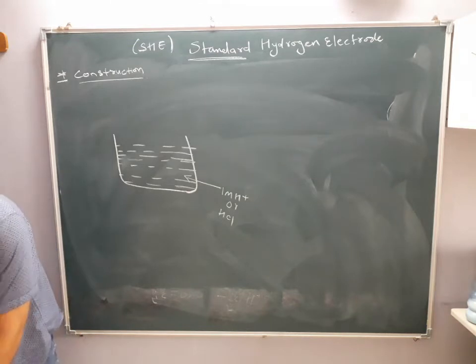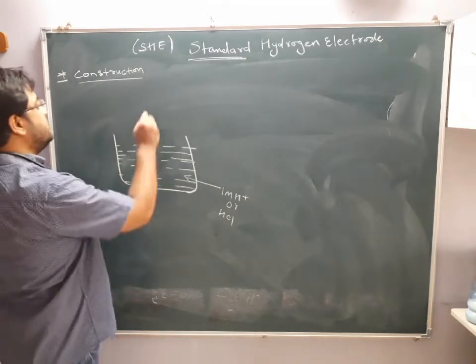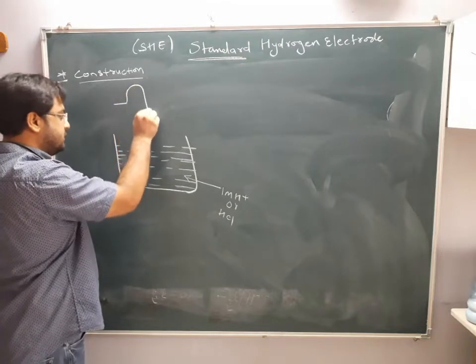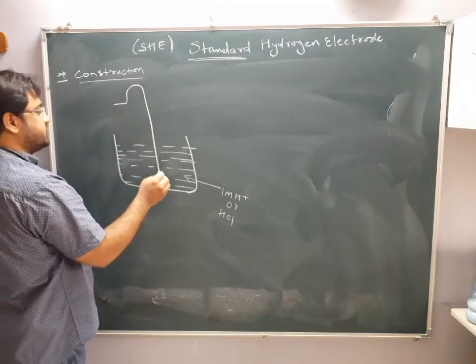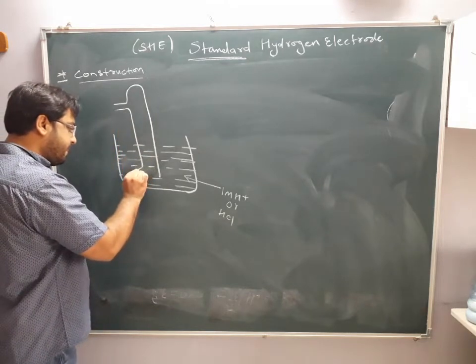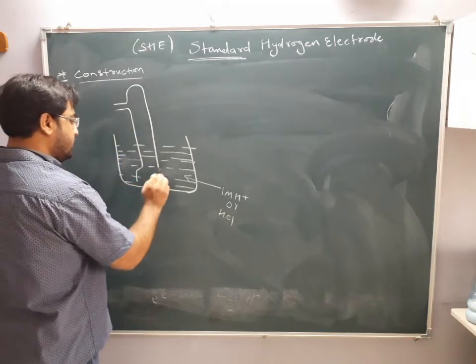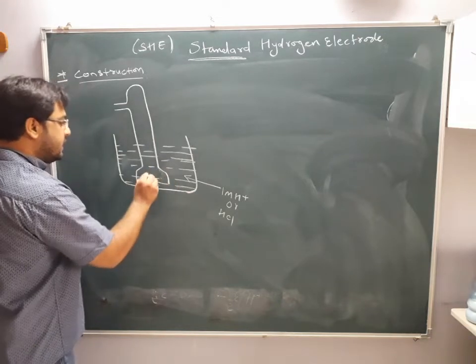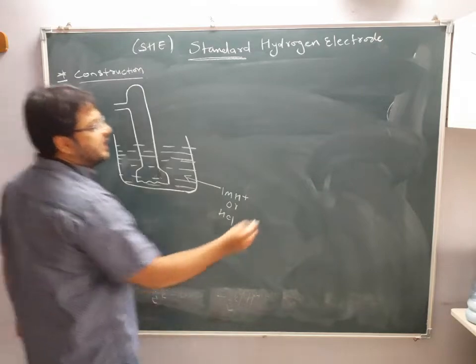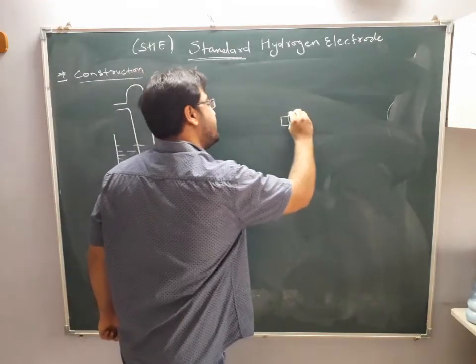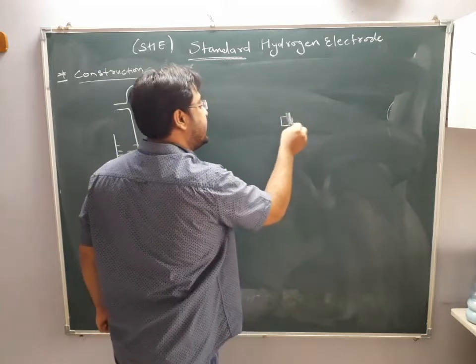Next, in this, what will I do? I will do one arrangement. See the arrangement; you can find it in your NCERT textbook. Here I am taking one platinum strip, which is coated with platinum black.